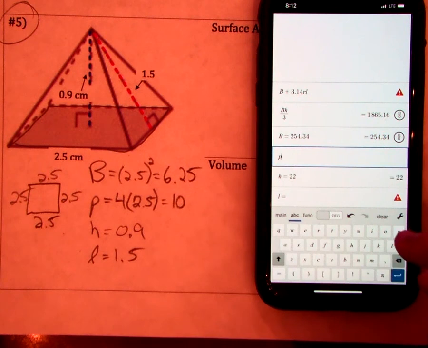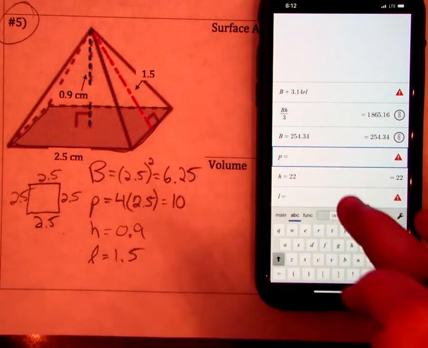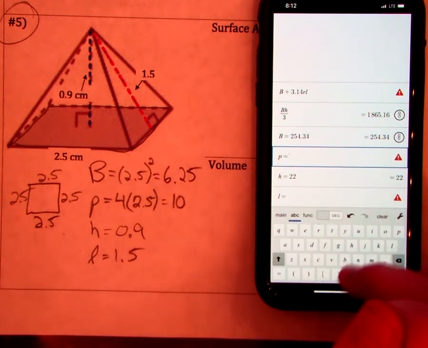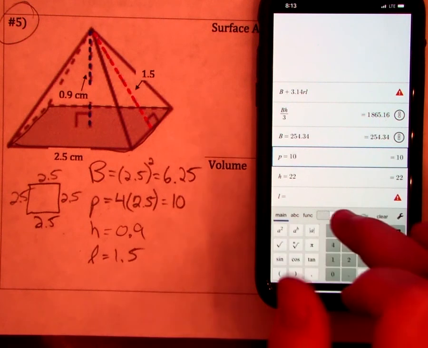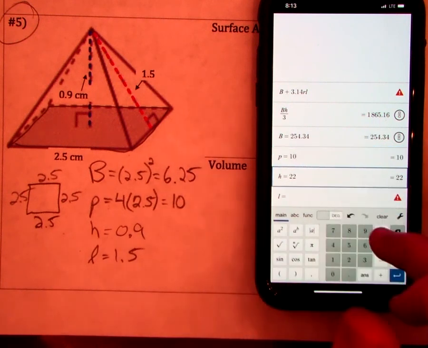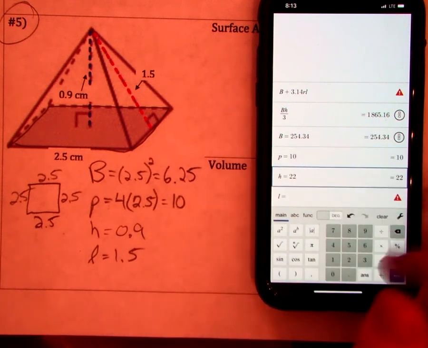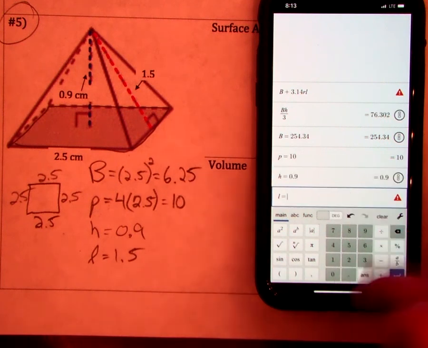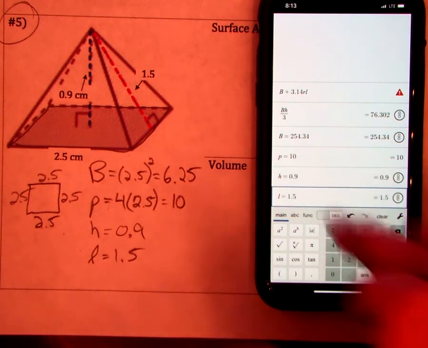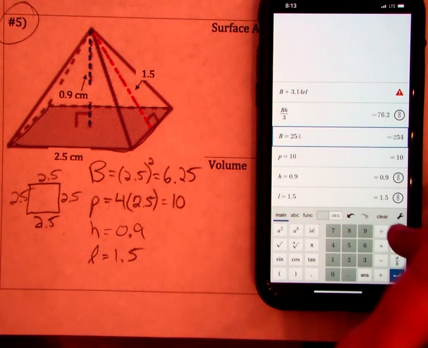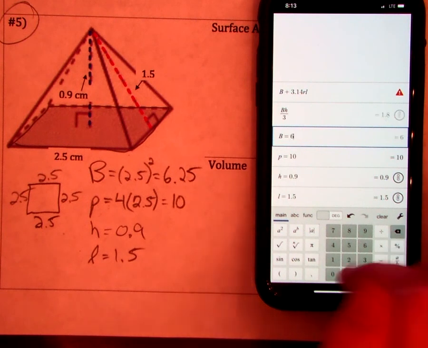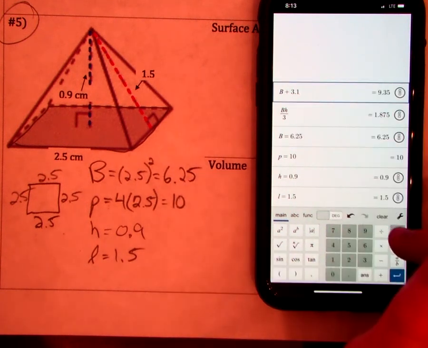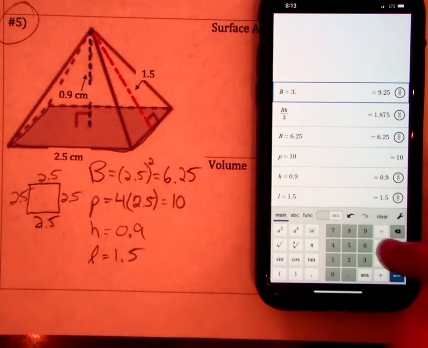So I'm going to have P is equal to 10, the height is equal to 0.9, the slant height is 1.5, and the area of the base is equal to 6.25. However, we need to change up these formulas for ourselves.